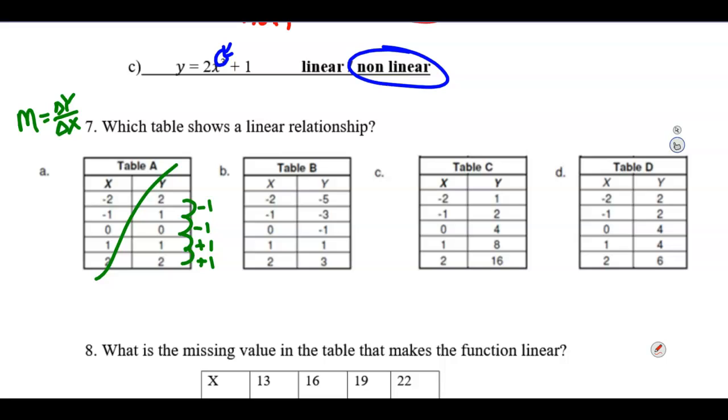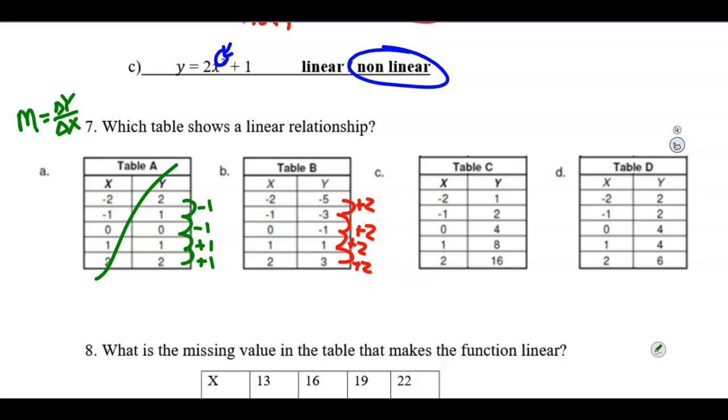Next one, I'm going to check it. I always start on the y side because I know for my slope I have to do that first. So it looks like from there, I go minus 2. I'm sorry, I should be adding 2. So each time, it does work on this side, but I need to check the x side too, because it can't just be on one side only.